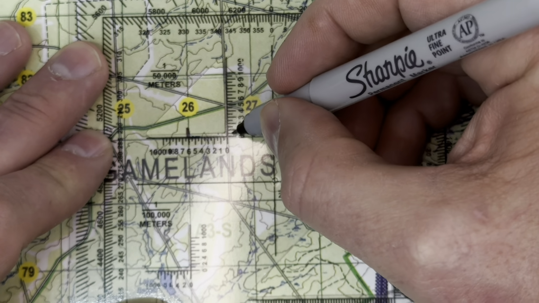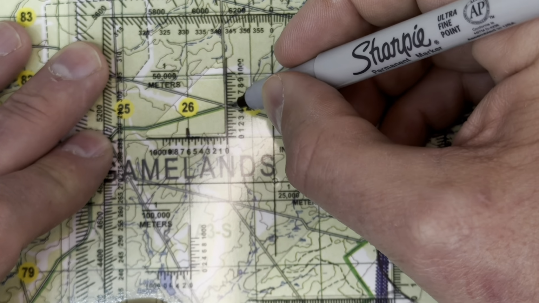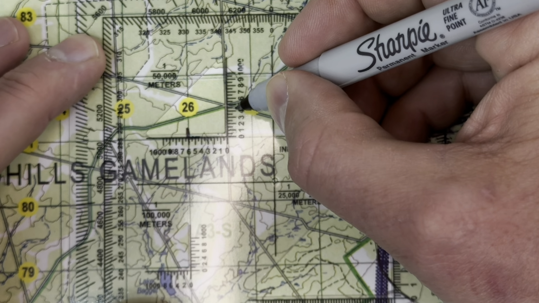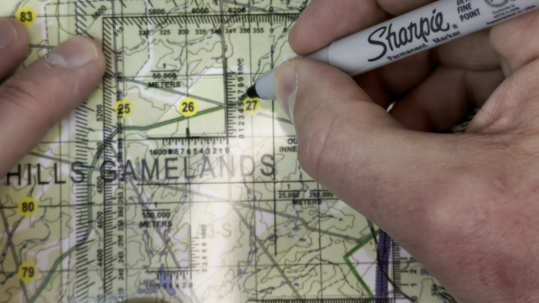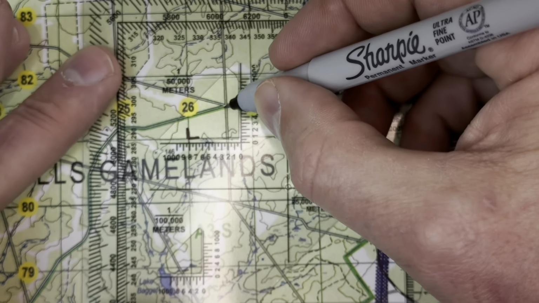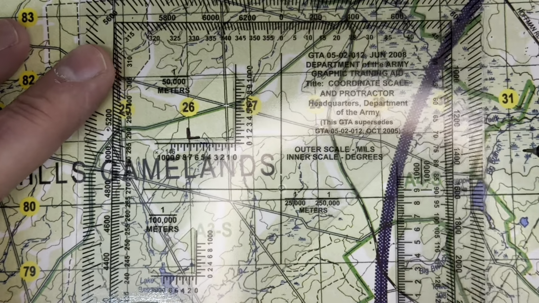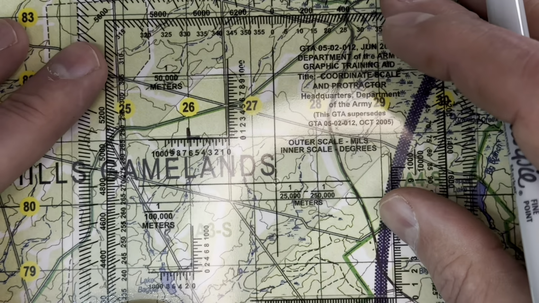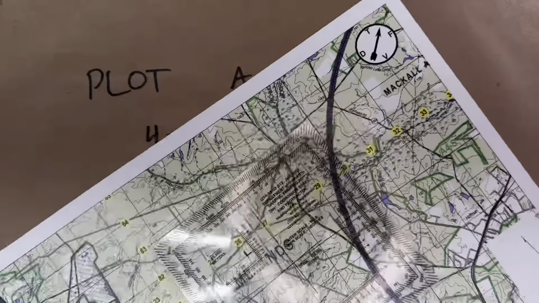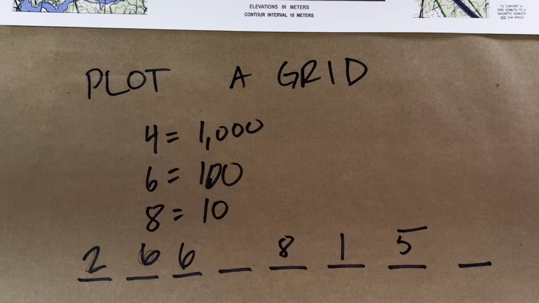And then on the north south, it's probably 815, looks like it's about the 1. So we're guesstimating between this 5 and this 6 where the center of the intersection is, and it looks like it's about a 1.